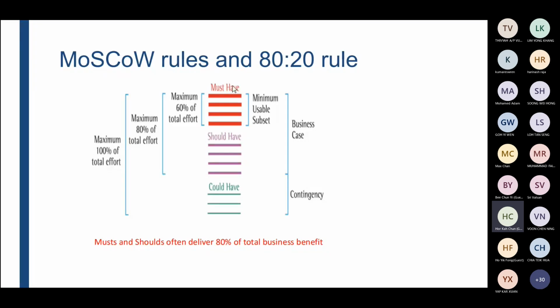But looking at MoSCoW, we know that we have categories of tasks or processes: must have, should have, could have, and won't have. Won't have, we don't have to consider because we are not going to put any effort onto that, right? So must have, should have, and could have are the three main categories.